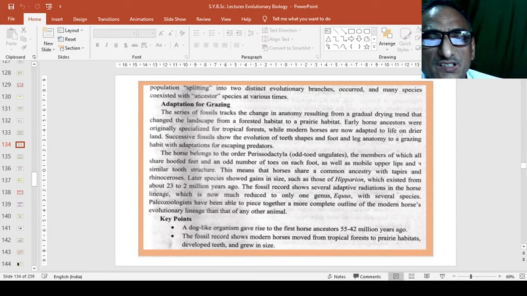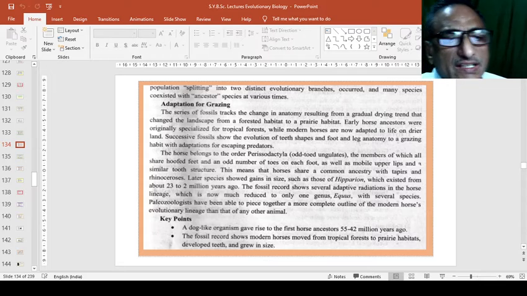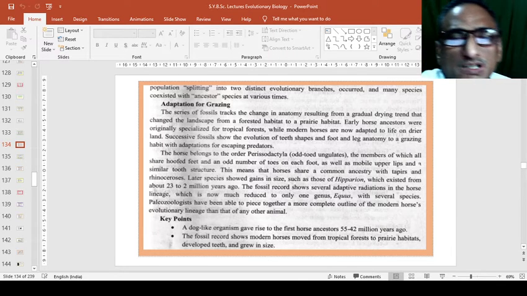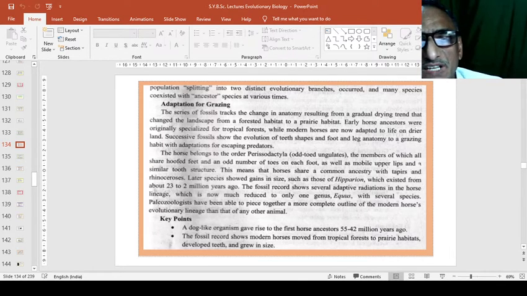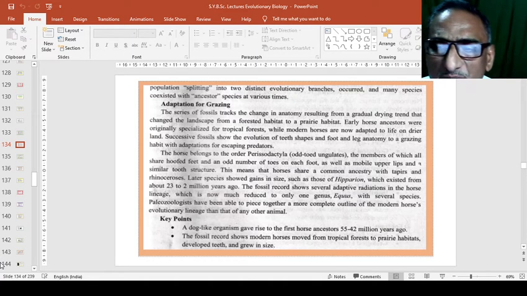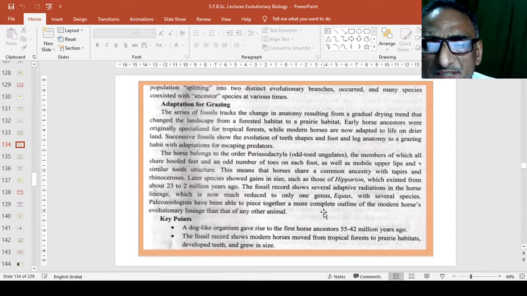This was the change that occurred in old or fossil animals. The horse belongs to the order Perissodactyla, meaning odd-toed ungulates, the members of which all share hooved feet and an odd number of toes on each foot, as well as mobile upper lips.